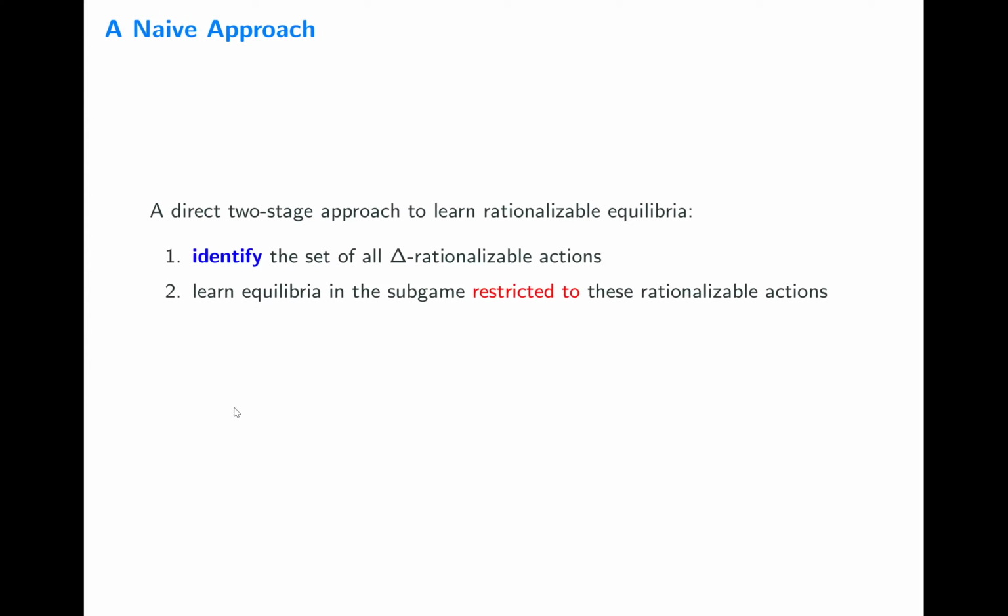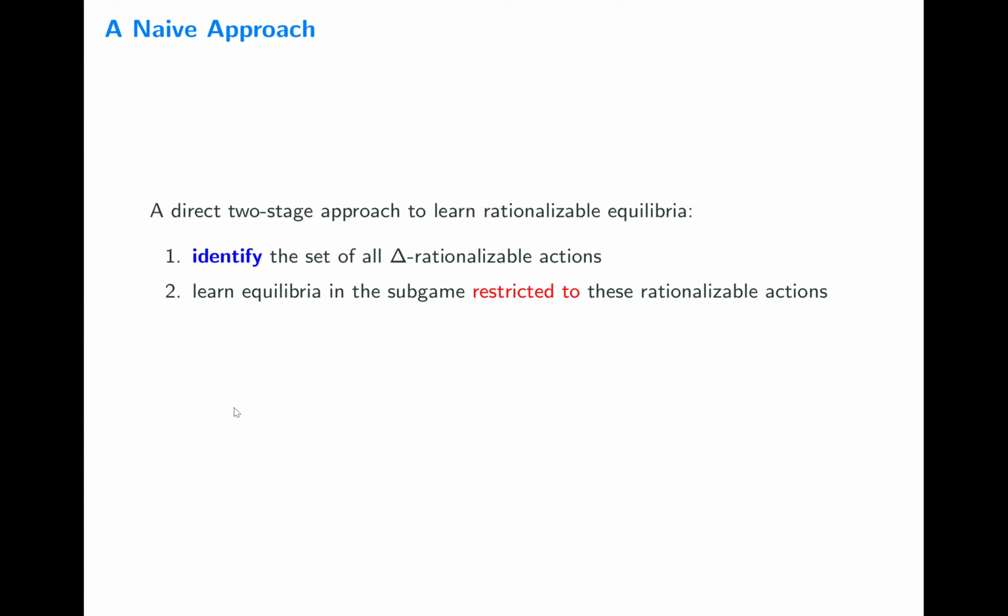Okay. So before we talk about the interesting algorithm, you can think there seems to be a naive approach to learn the rationalizable equilibrium. That is, an equilibrium fully supported on the iteratively undominated actions. Essentially we can do a two-stage approach. First stage, I will identify the set of delta-rationalizable actions, those are the iteratively undominated actions.